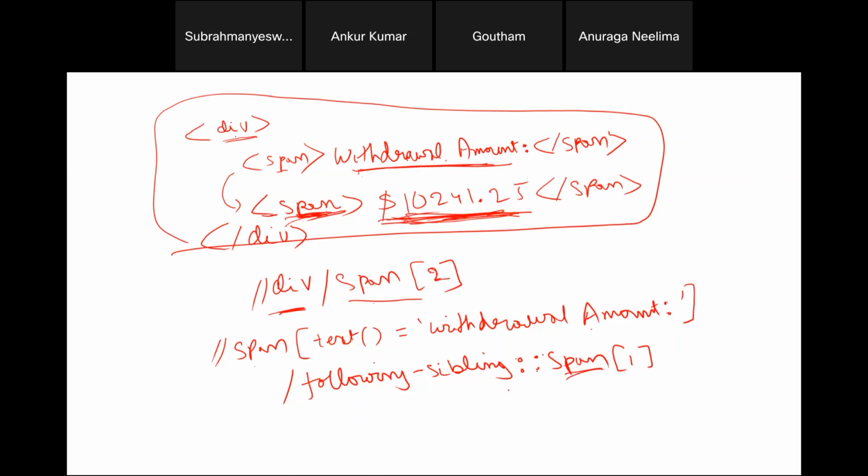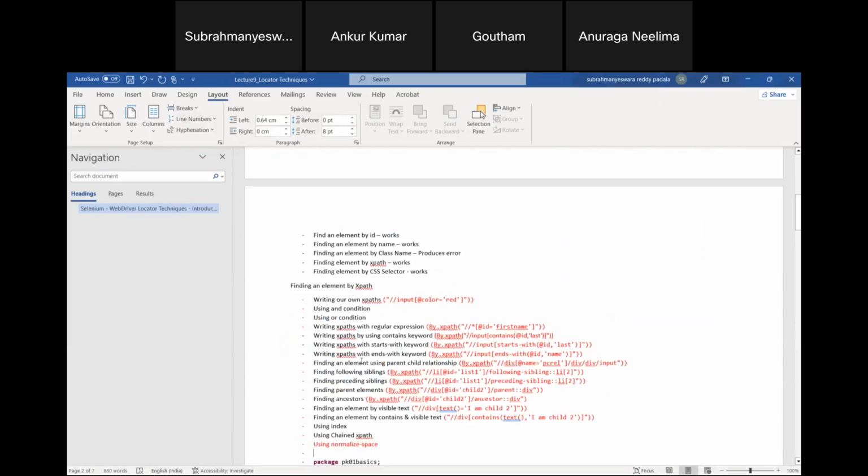So this is similar to a parent-child relationship. I ask these questions, and if you know how to write these XPaths, that's it. Almost 50% of Selenium is covered for you.